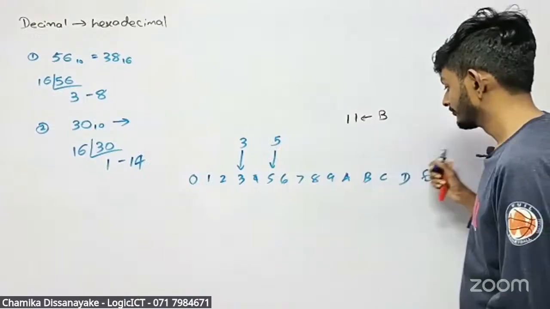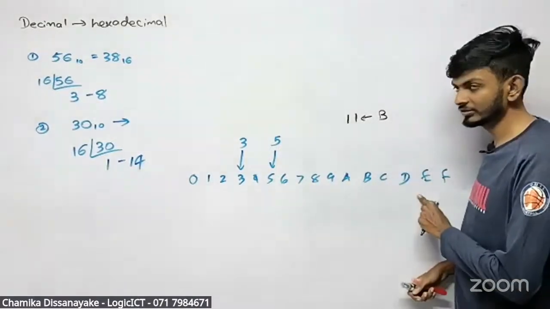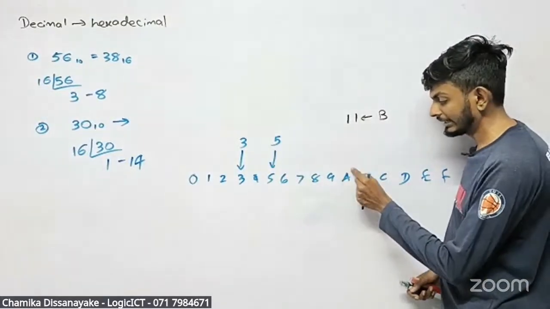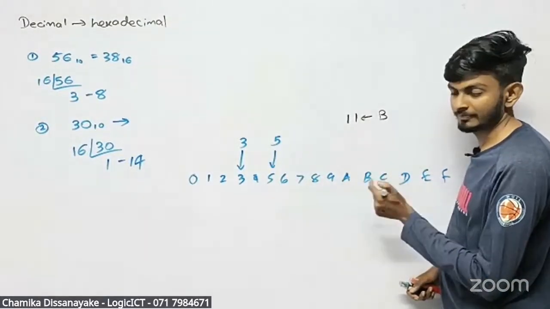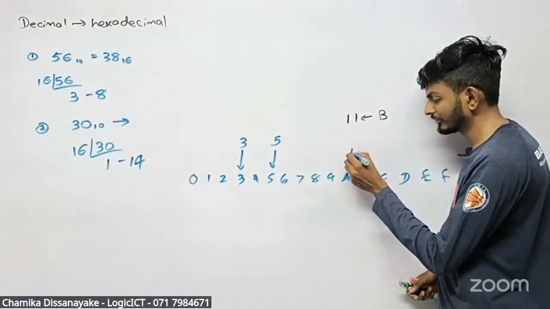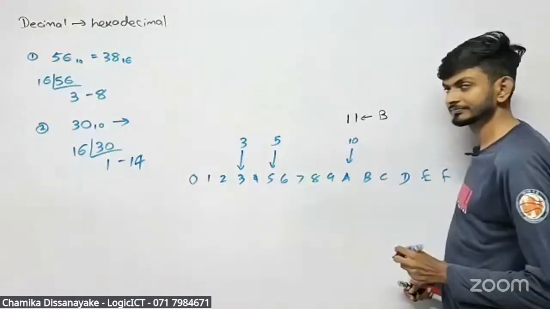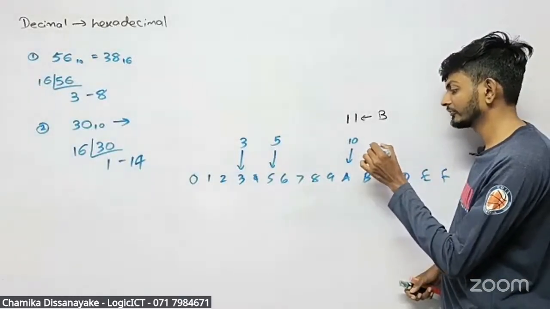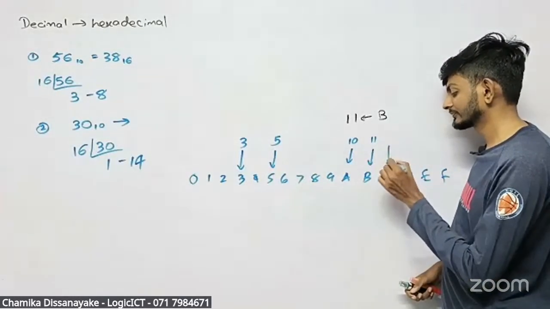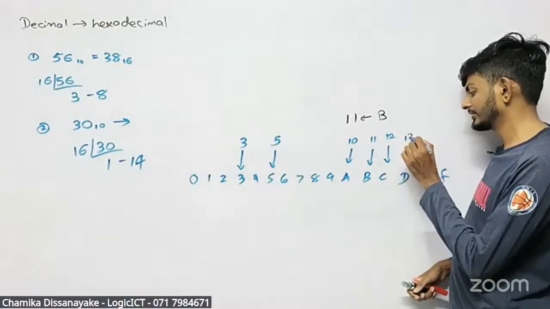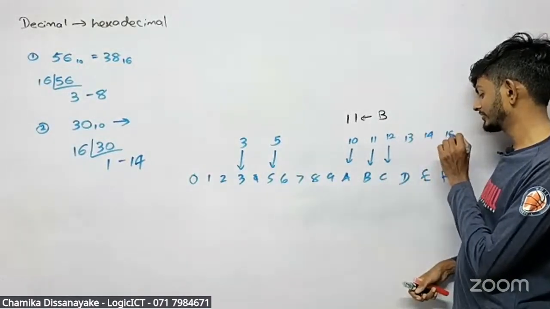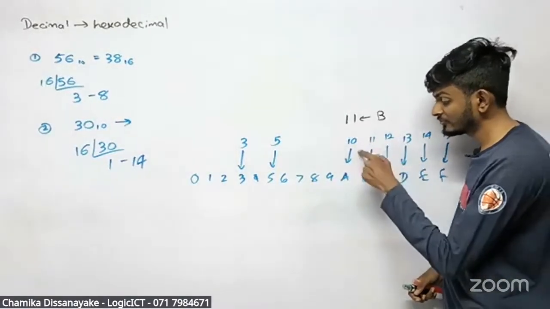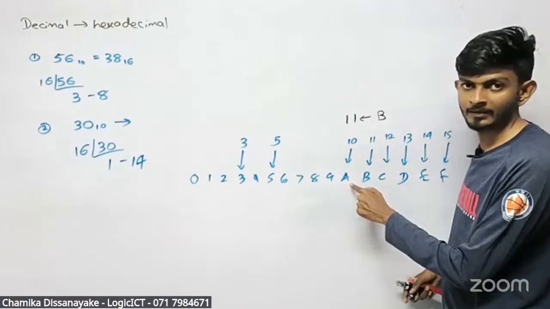When we come to these symbols, A is a symbol, so the value assigned for A is 10. B is a symbol, so the value assigned for B is 11. 12, 13, 14, 15. Just get the difference between value and symbol.